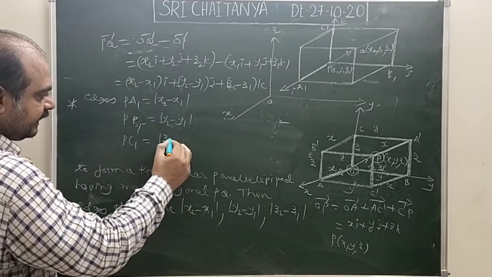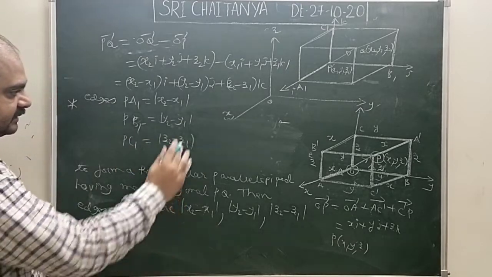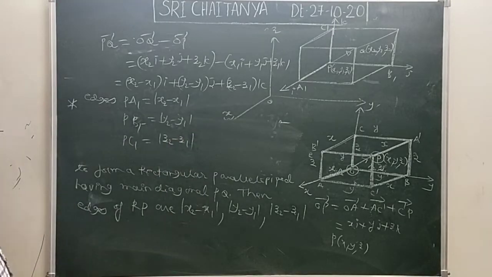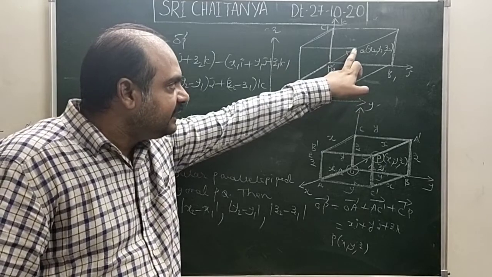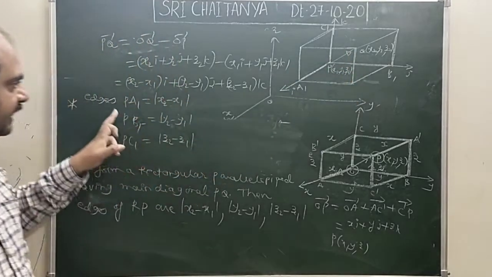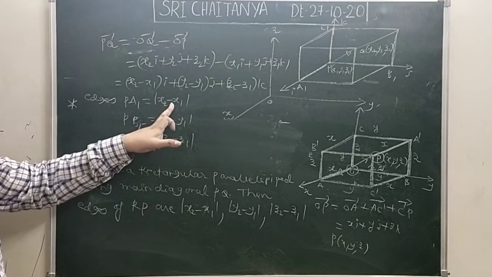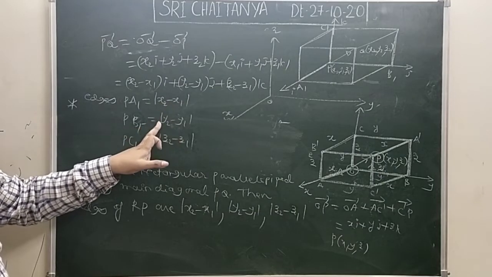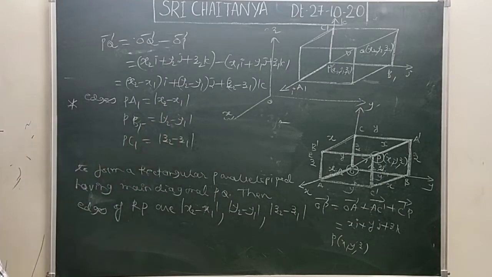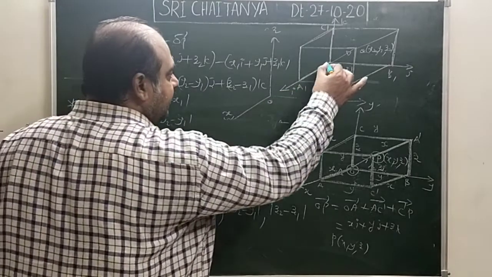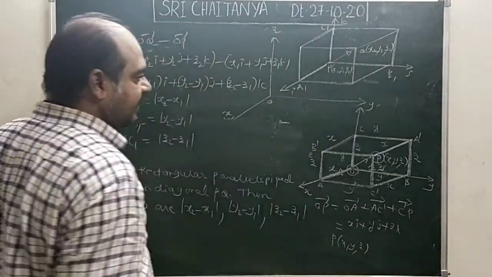PC1 is another edge, modulus of z2 minus z1. Like that, for the rectangular parallelepiped, if the main diagonal is given, the edges are nothing but modulus x2 minus x1, modulus y2 minus y1, modulus z2 minus z1. This is PA1, PB1, PC1.